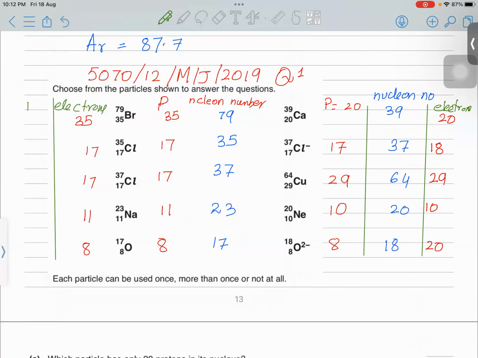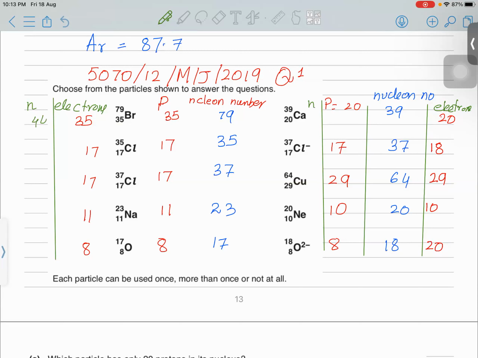So you have to find the neutron number. Here you can write neutron: 79 minus 35. Can you tell me the neutron number? 44, sir.